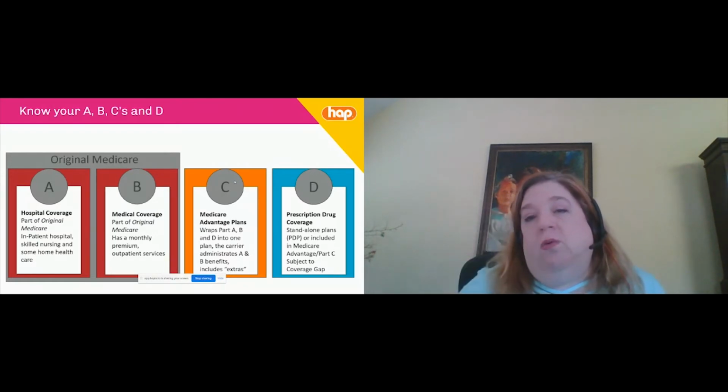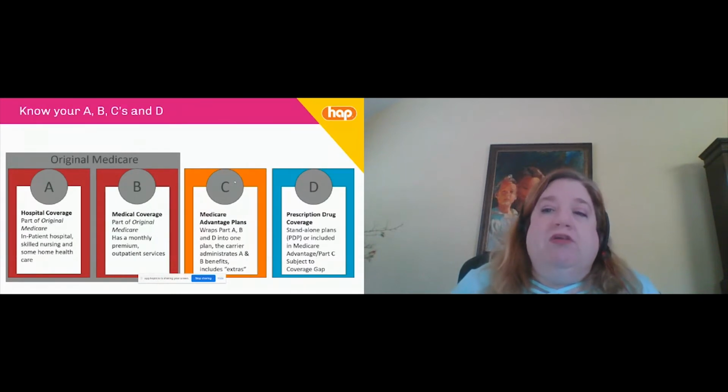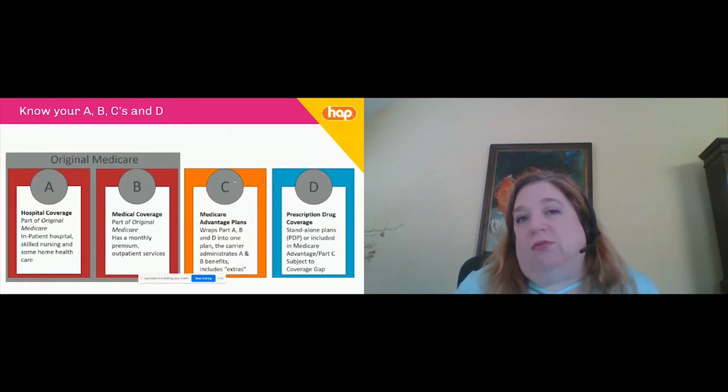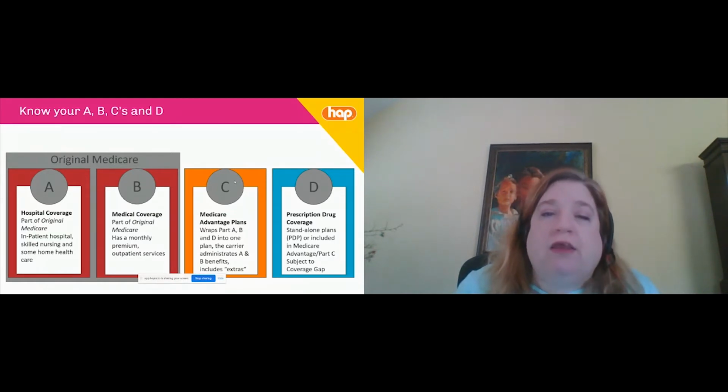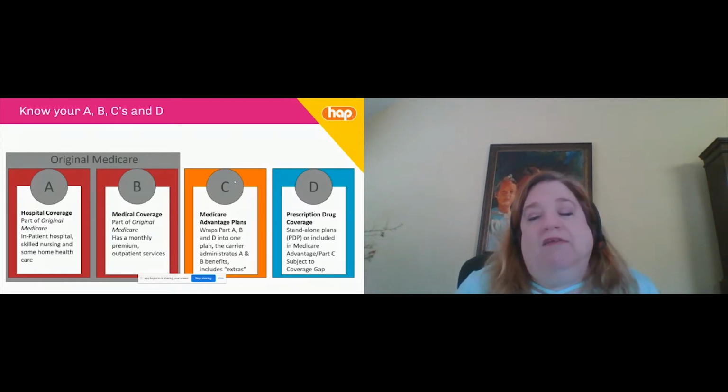So just a really quick overview of what this set of limitations or the coverage gap is. Medicare designs different stages throughout the calendar year that you would pass through according to the cost of your medications. They track your utilization, and as you hit certain benchmarks of cost of your medications, you pass from one stage to the next.